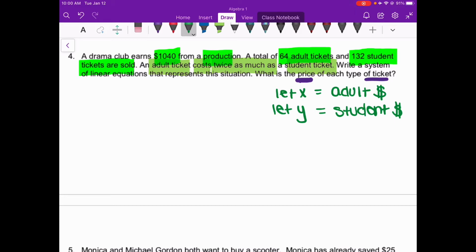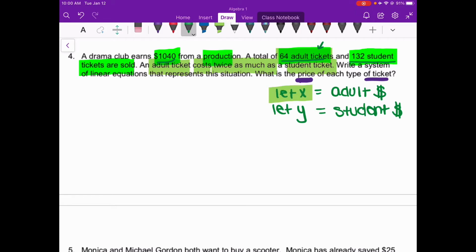Now we use what we highlighted to write equations down. They're earning $1,040 from a production. There's a total of 64 adult tickets and 132 student tickets that are sold. So we multiply the number of adult tickets sold times the cost. So let's match this up. 64 adult tickets times X, the cost per ticket.